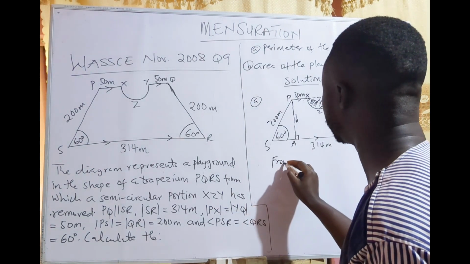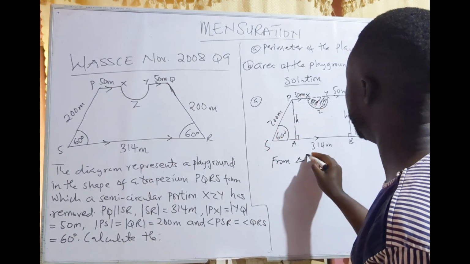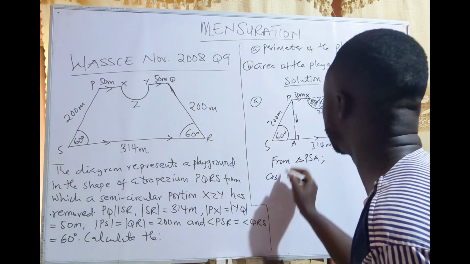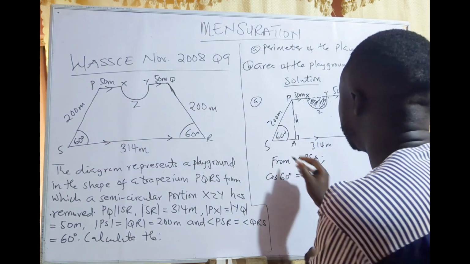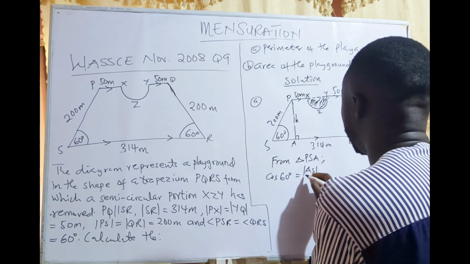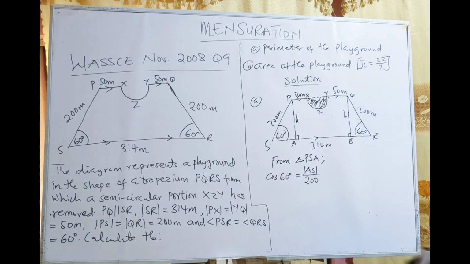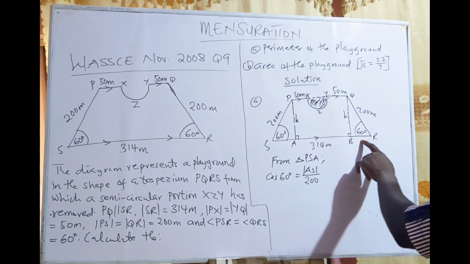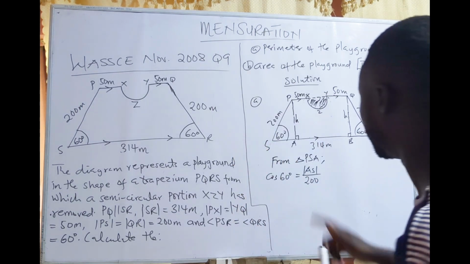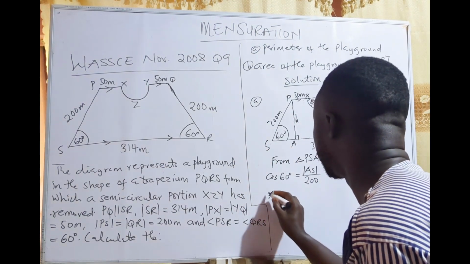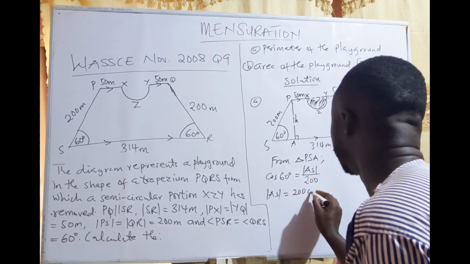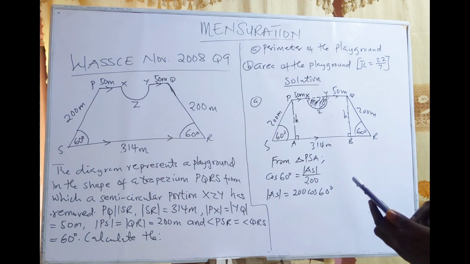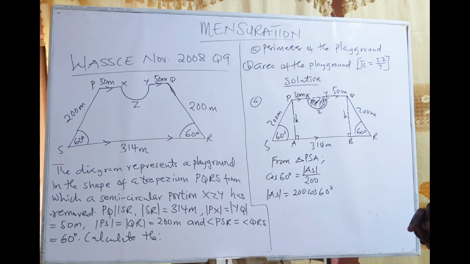So from triangle PSA, cos 60 degrees is adjacent AS over hypotenuse. So my AS will be equal to 200 cos 60 degrees. 200 cos 60 will give us 100.